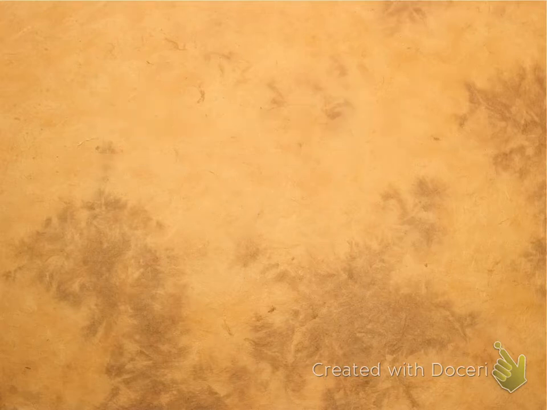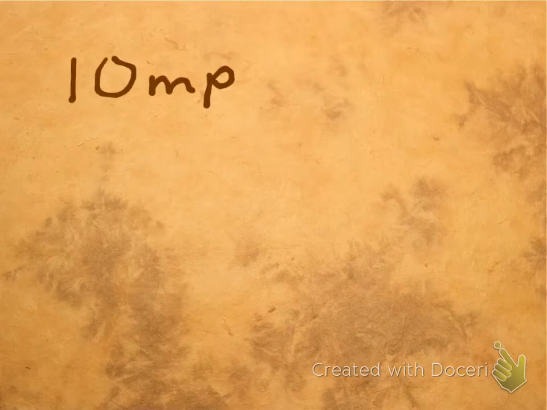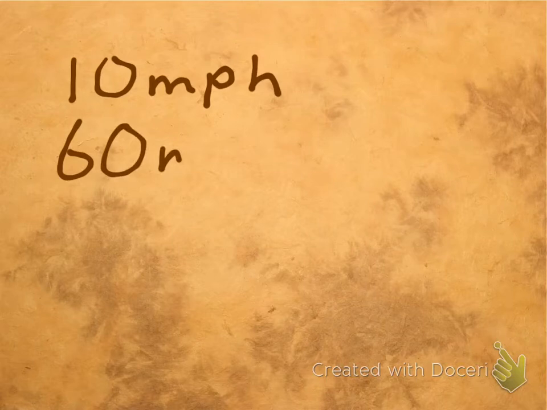Alright, number 1 on your paper says, the approximate wind speed for a gentle breeze is 10 miles per hour. So 10 miles an hour. The approximate wind speed for a storm is 60 miles per hour.